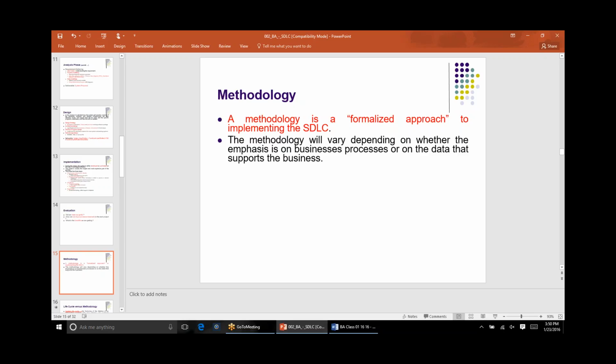The common broader components of a methodology remain constant, but methodology by itself is never fixed, never constant.